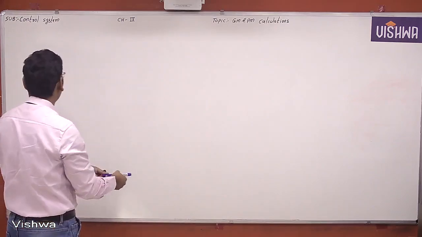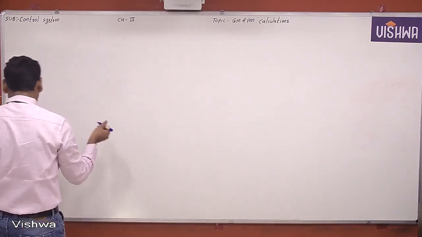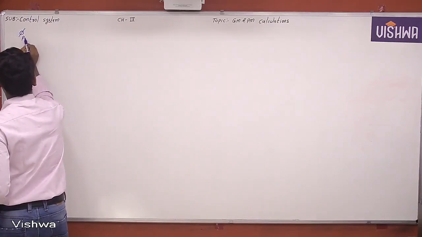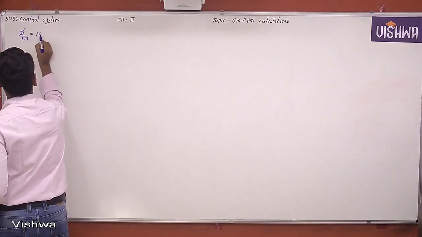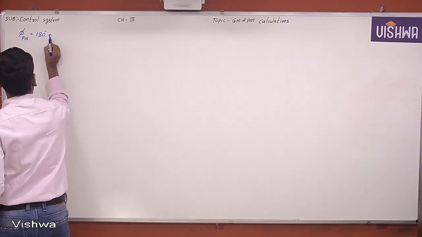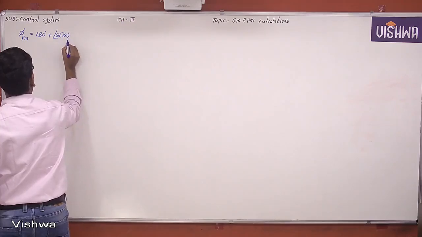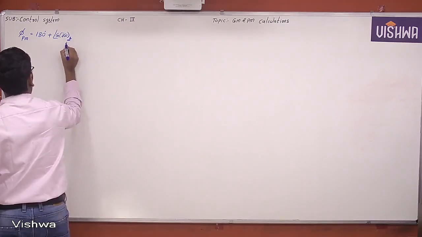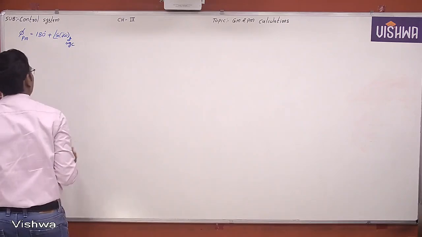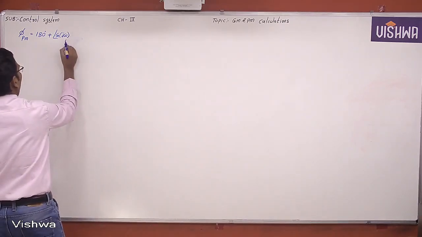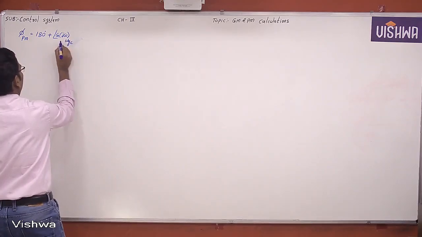Now, what is a phase margin? The phase margin is 180 degrees plus the angle of the open loop transfer function at omega gc.